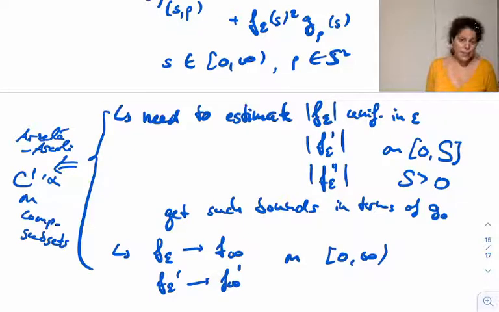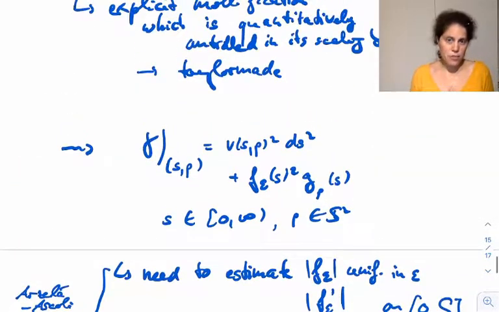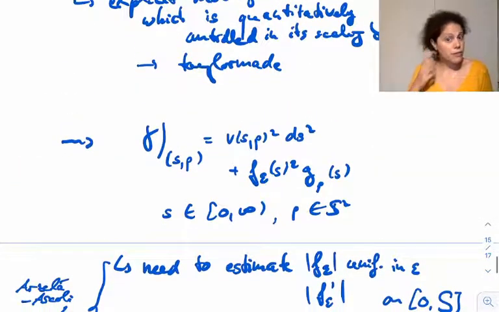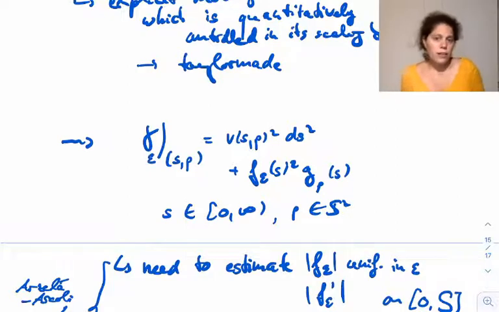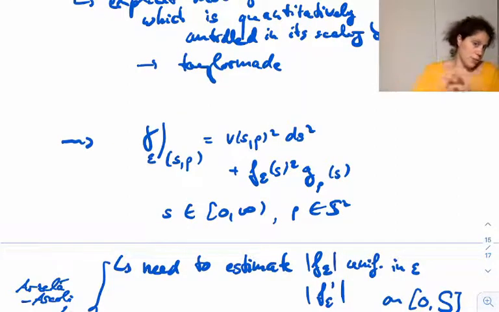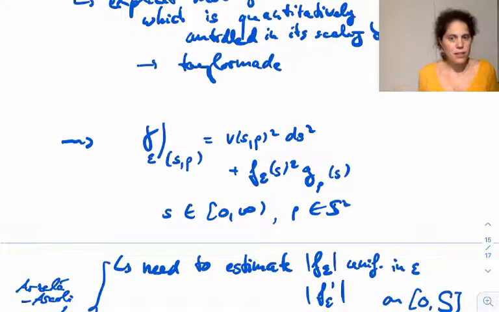And the limit of f epsilon is what constitutes, via the same formula here for gamma, if you put f infinity instead of f epsilon, the metric gamma infinity, and I should put an epsilon here. So if epsilon is 0, then this will be gamma 0, or if k goes to infinity, this will be gamma infinity.